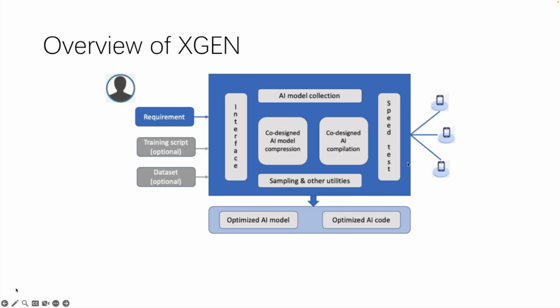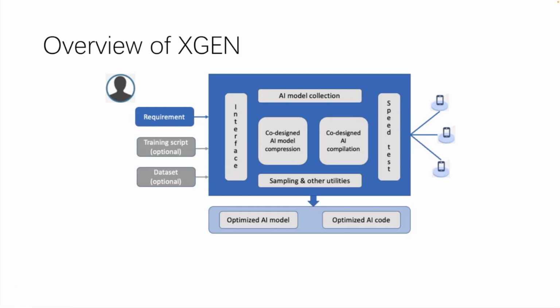And then the toolchain itself runs on a GPU machine, and this machine could be equipped with some edge devices like smartphones connected through USB cables. And then this toolchain will automatically optimize the initial machine learning model and test them on the devices directly, measure the speed, and eventually output the optimized AI model and the optimized AI code that can be directly integrated into users' apps.